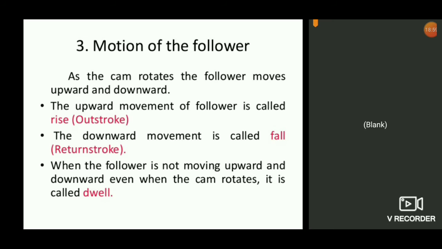It can come down from there, called fall or return stroke. And for example, after the outstroke, for some degree of rotation of the cam the follower is held on that position itself. That position is known as dwell. That means it is neither moving up nor coming down.